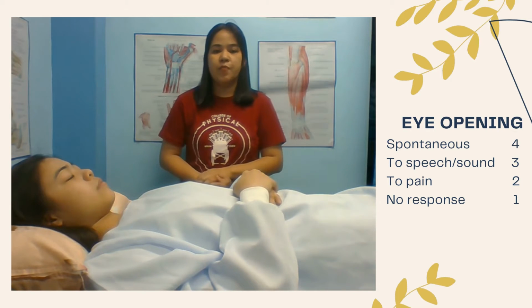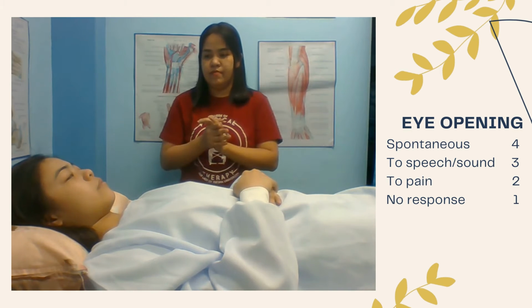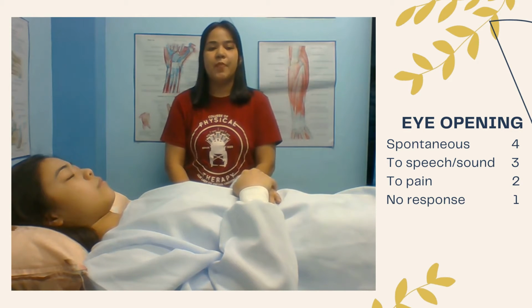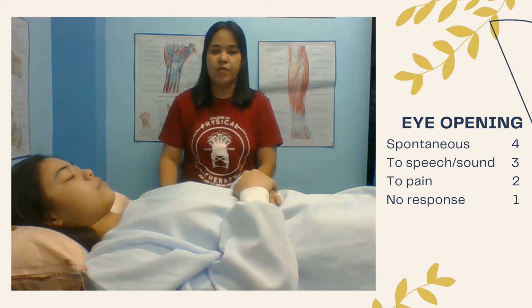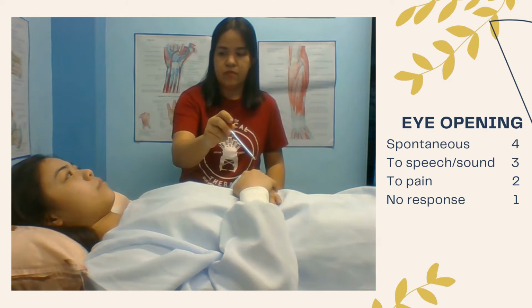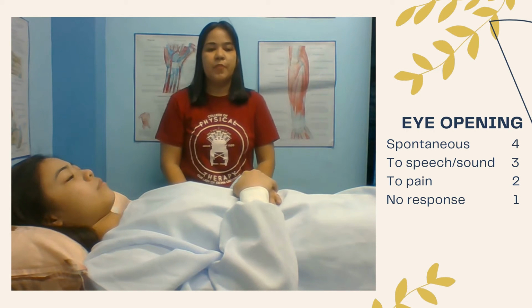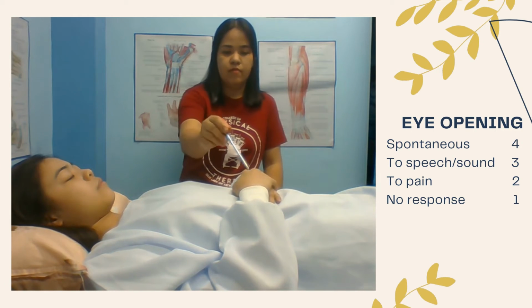If the patient responds to sound, the score is 3. If the patient opens eyes only on painful stimulation, the score is 2. If the patient does not open her eyes even with painful stimulation, the score is 1.